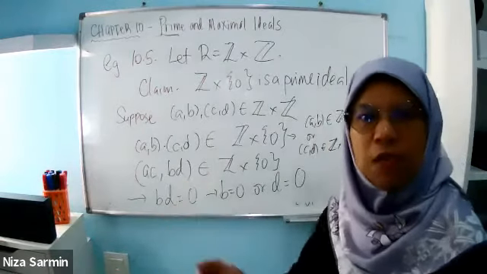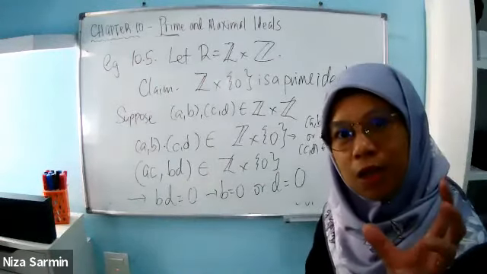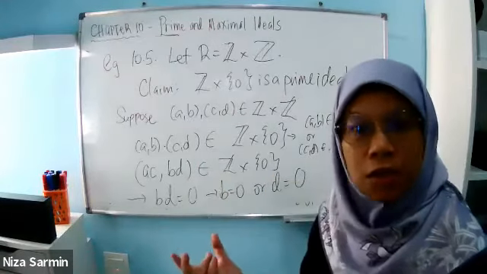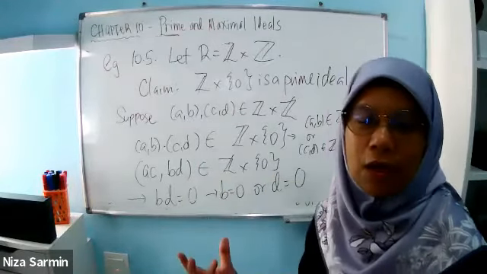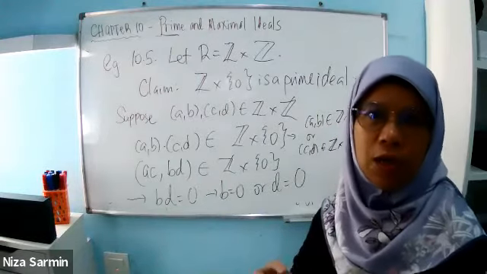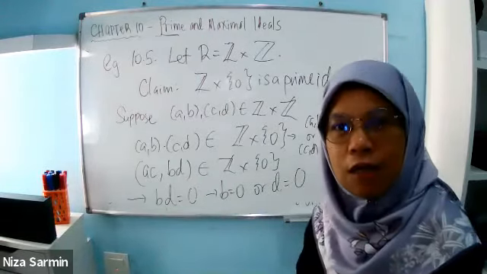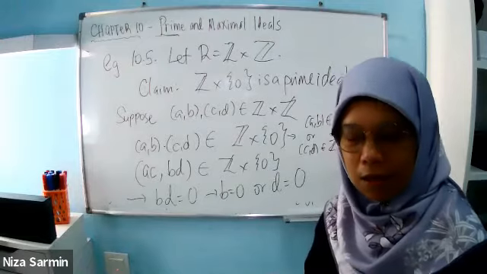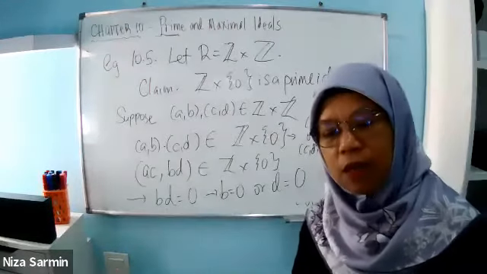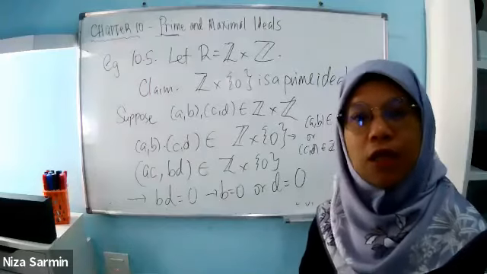Zero divisors means B is not in there, C is not in there, but when you multiply, it's zero. We don't want that, right? We want it to be prime, so when the product is equal to zero, either one has to be in that ideal. Okay, so that gives directly to corollary 10.3.